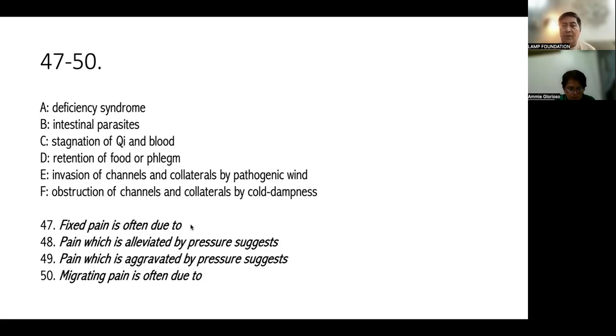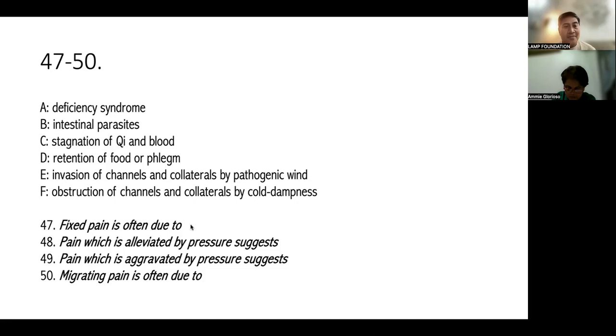Ano yung gagawin mo para ma-confirm mo na talagang ang fixed pain is due to cold dampness? Pag fixed pain po siya, nare-relieve ba siya pag warm compress? Nare-relieve po siya kapag nape-press po siya. More on press.